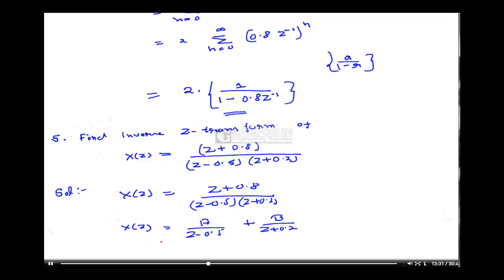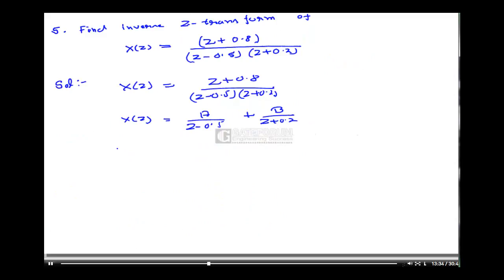Now use the rules for finding the partial fraction. I can write z + 0.8 is equal to a times (z + 0.2) plus b times (z - 0.5). Substitute first z equal to -0.2 and then z equal to 0.5.